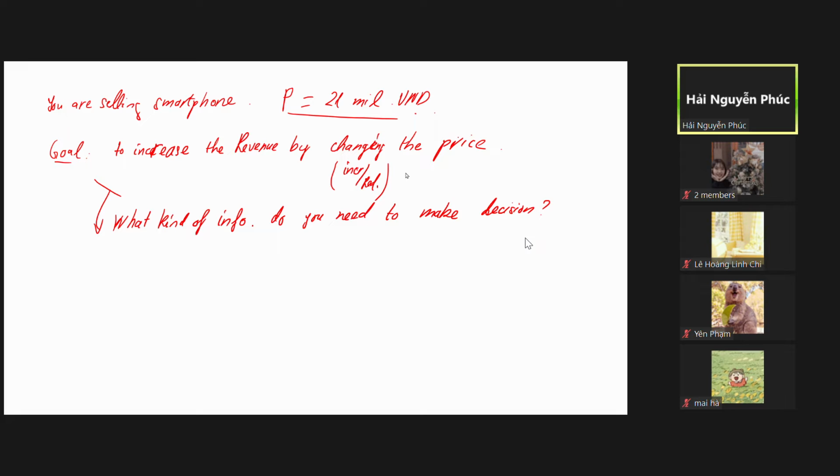No, it is not about technology. Ken is correct when he said that we need information about demand. But I want the information to be more specific. What kind of information about demand do we need to support the decision making?